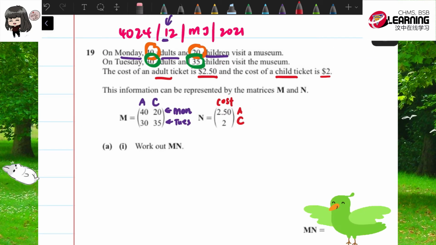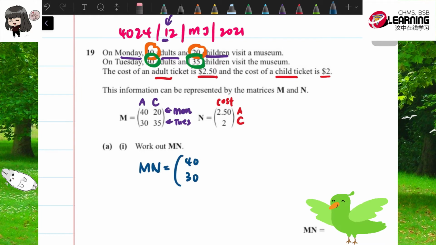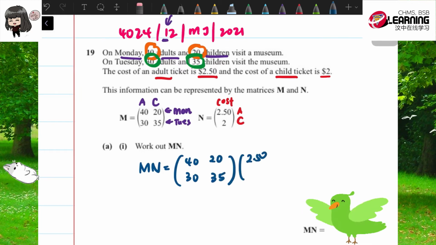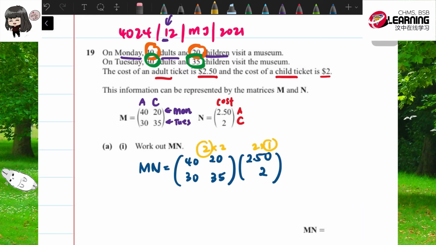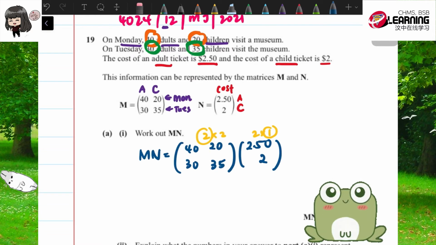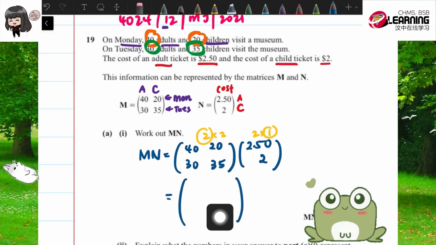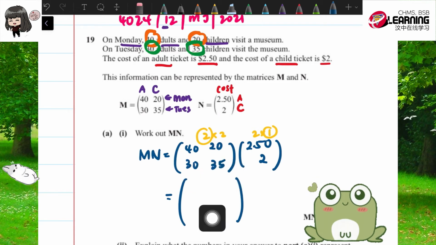Part 1 is simply to solve the matrix multiplication, M multiplied with N. This is a 2 by 2 and this is 2 by 1, so your final answer will be 2 by 1. 2 by 1 means we will have only 2 answers, top and bottom, with 2 rows and 1 column.